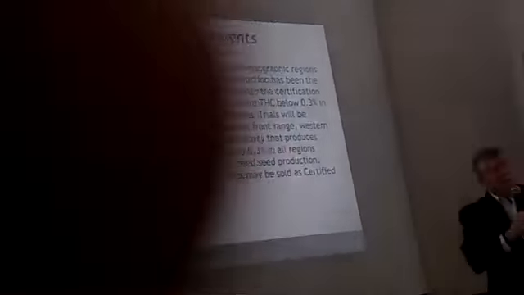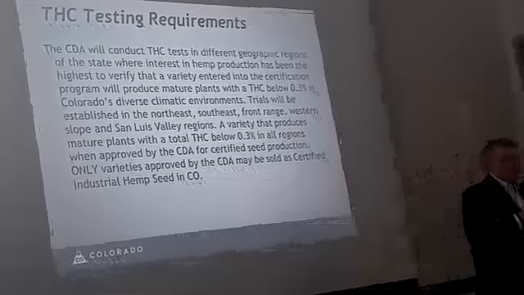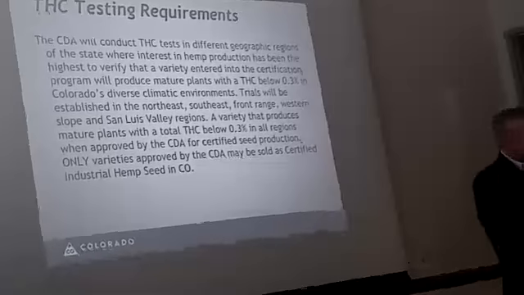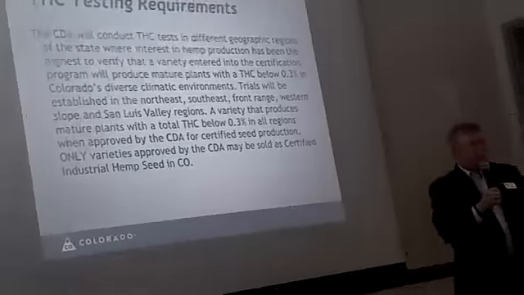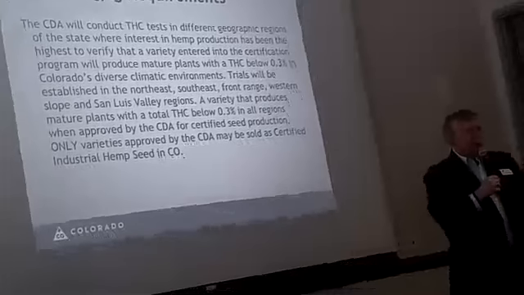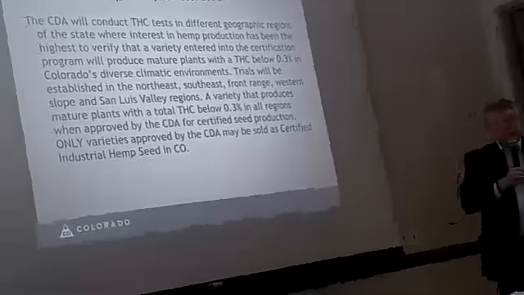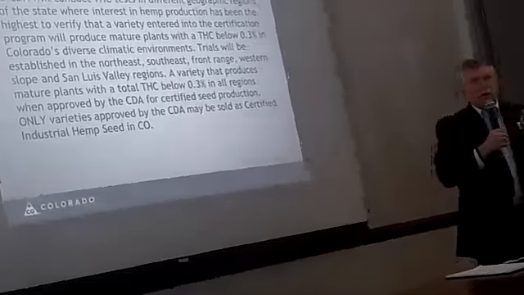But we won't take those tests. Somebody says, boy, I want this variety always to be harvested in the middle of August, so take your THC test the 1st of August. And it's like, but I can't ensure that every farmer is harvesting in the middle of August. So these tests will be conducted on mature plants. So the standard has to be below 0.3% THC on a mature plant.